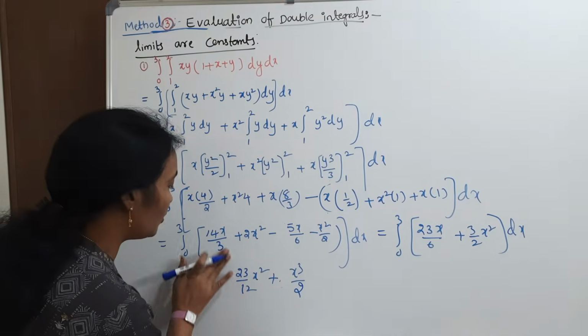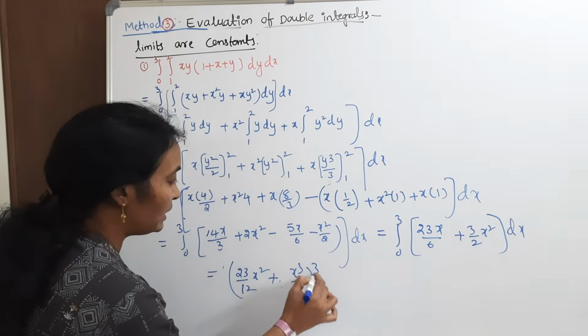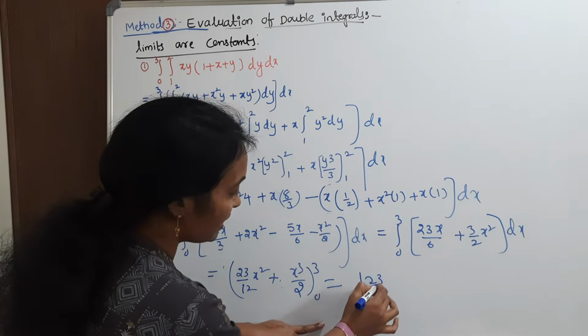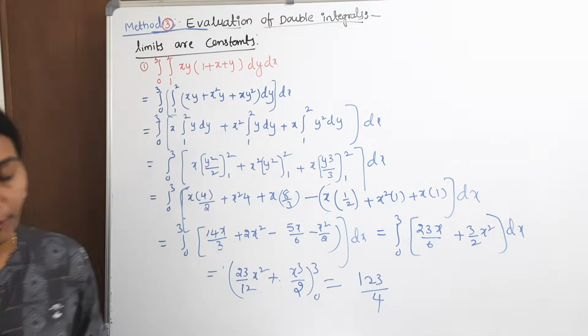Then the limits are 0 to 3. Substituting upper limit minus lower limit, the answer I get is 123/4.